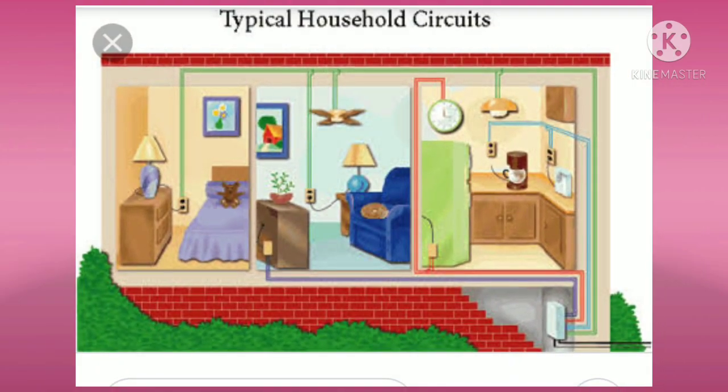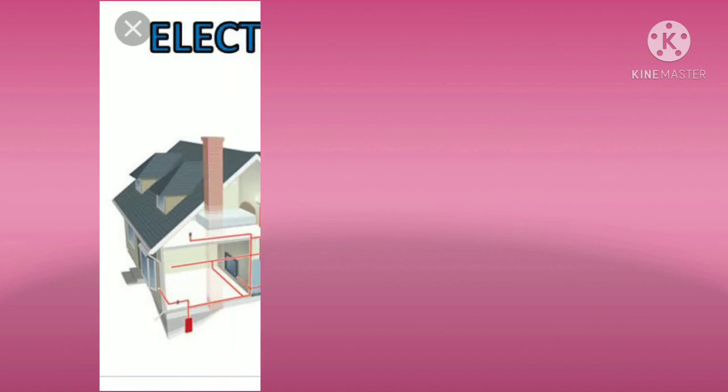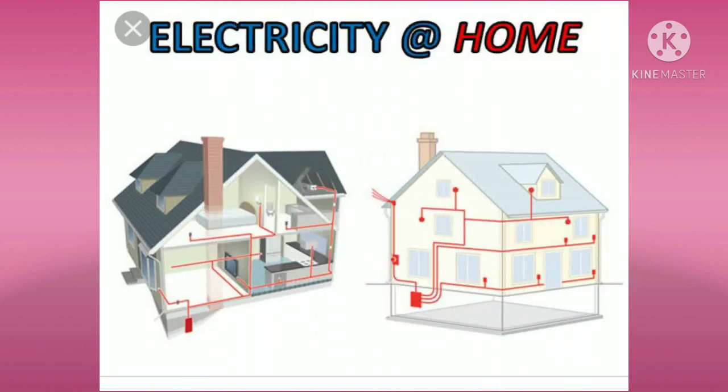So if one bulb burns out, the other bulbs in the rooms will still work. The bulbs in a parallel circuit do not dim out as in a series circuit. This is because the voltage across one branch is the same as the voltage across all the branches.